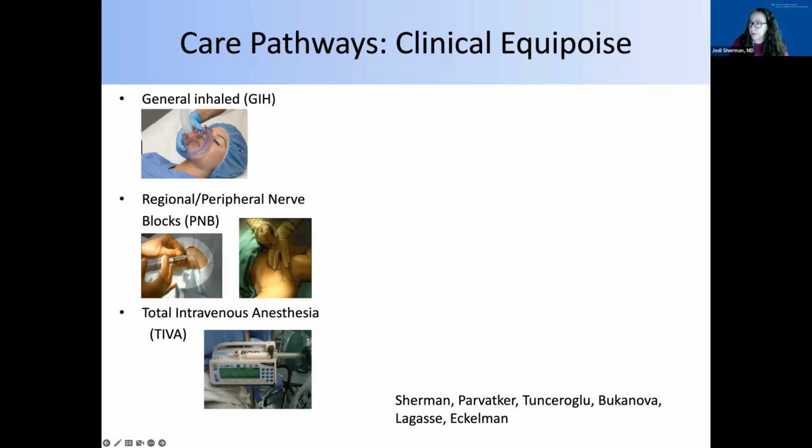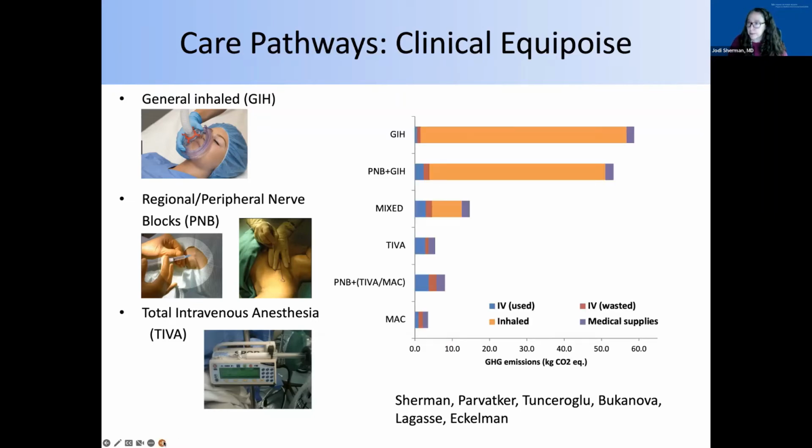A patient can go to sleep by breathing gas, general anesthetic, or they can get a general anesthetic by getting intravenous, called total intravenous anesthesia. They can get a peripheral nerve block. This is an example of somebody getting their arm numbed up, or this is an example of someone getting spinal anesthetic. So different approaches to anesthesia. Sometimes we have choices. Again, just squint at this. We know inhaled anesthetics are potent greenhouse gases.